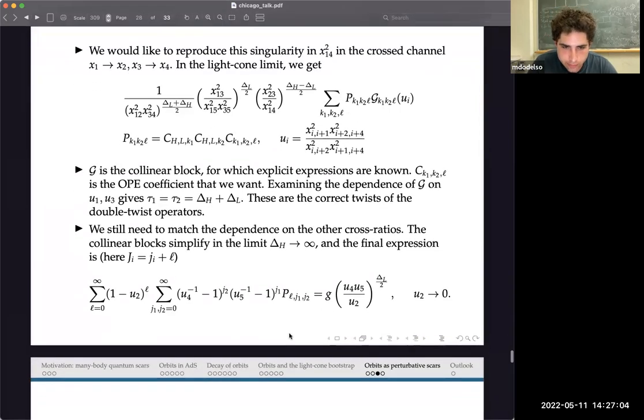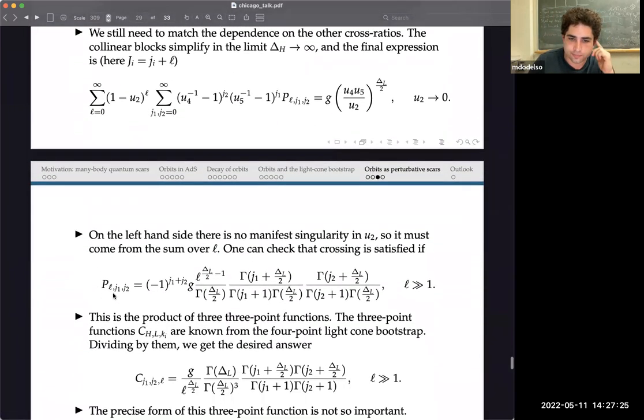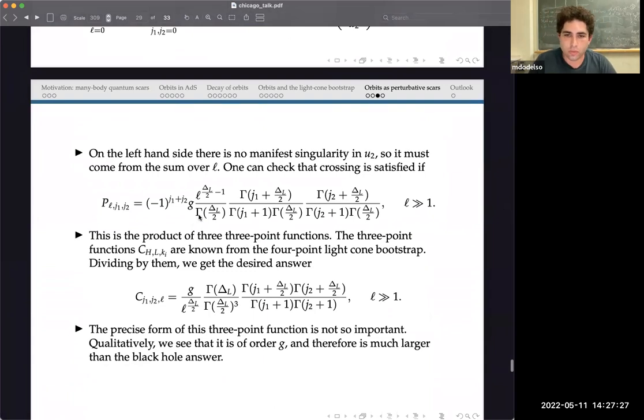The key point of the bootstrap is that on the right hand side we have something that is singular as U2 goes to 0. On the left hand side we have something that looks non-singular. So the singularity has to come from the sum over this spin parameter L. So you can solve the crossing equation, and you can check that this ansatz is enough to solve it.